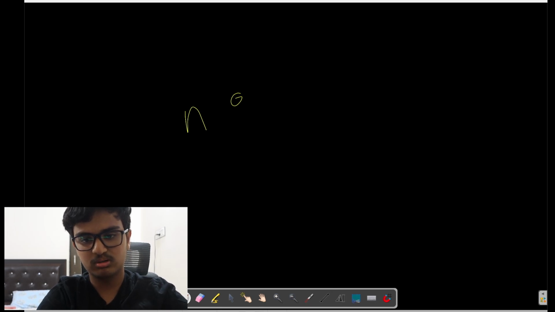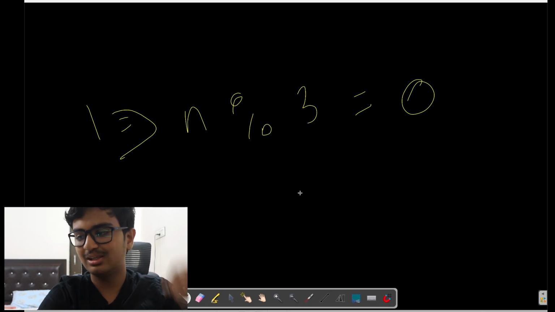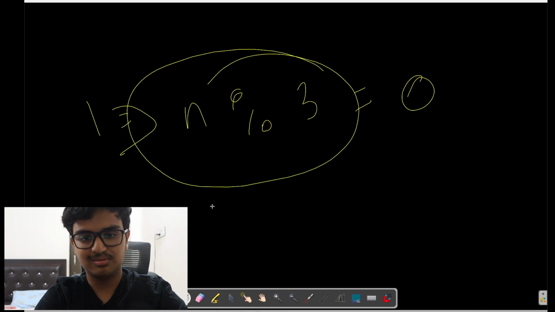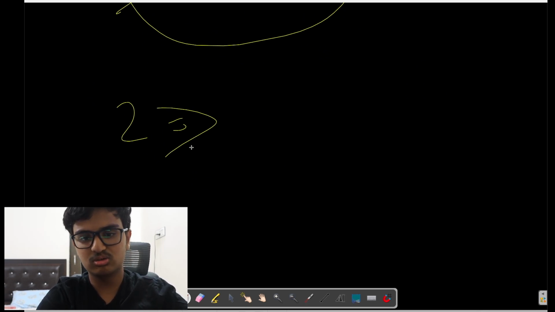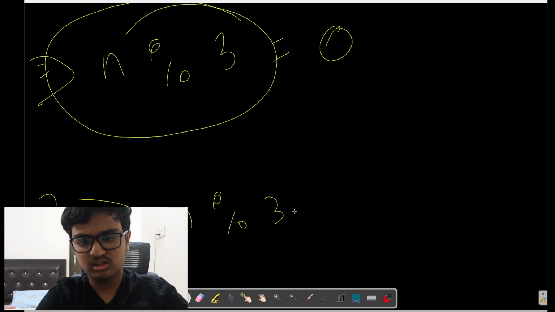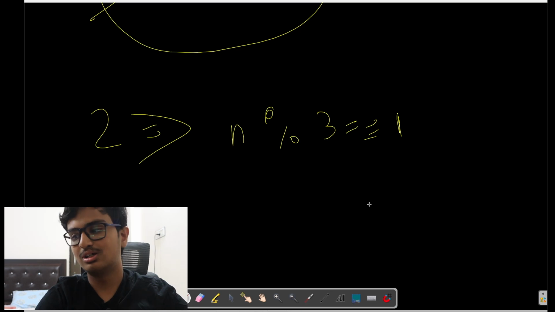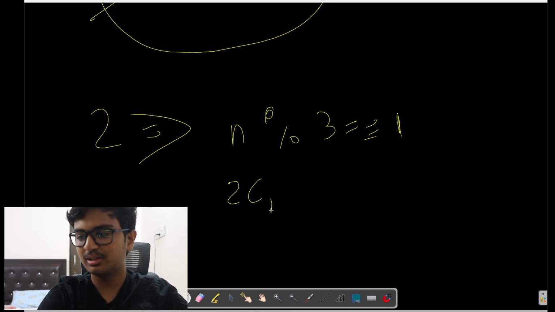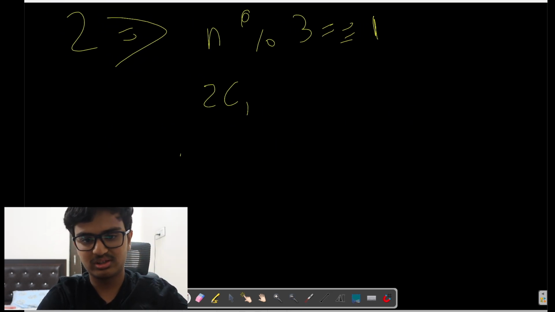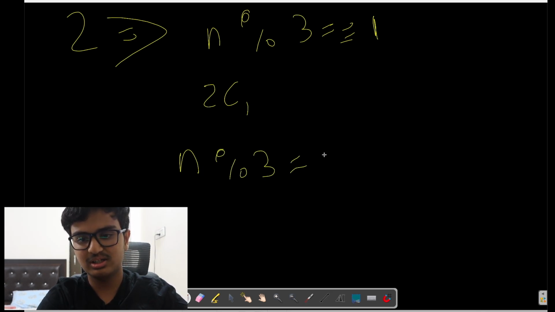So if n modulus 3 is 0, then the values of c1 and c2 are both n divided by 3. In case 2, if n modulus 3 is equal to 1, then we would distribute the extra 1 to the variable c1, which is the number of coins of denomination 1, and if n modulus 3 is 2, then we would just give it to c2 here.